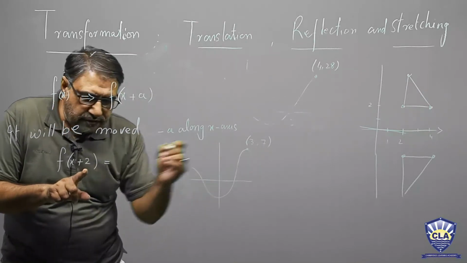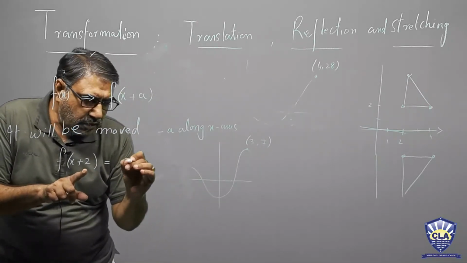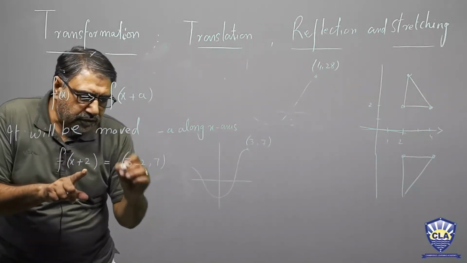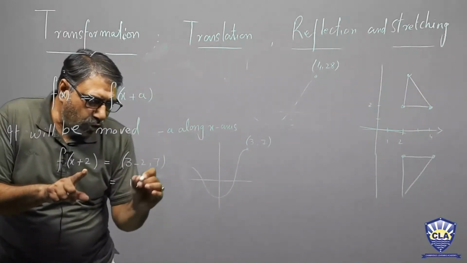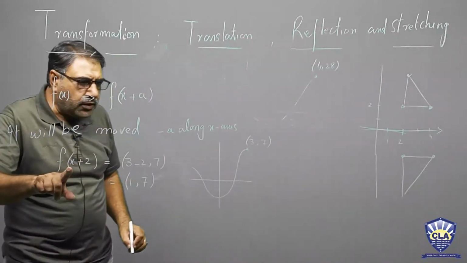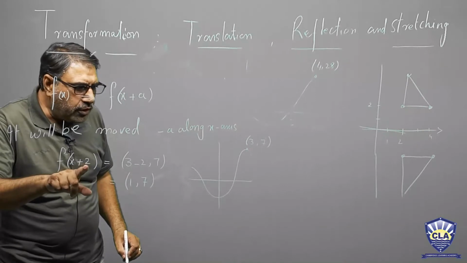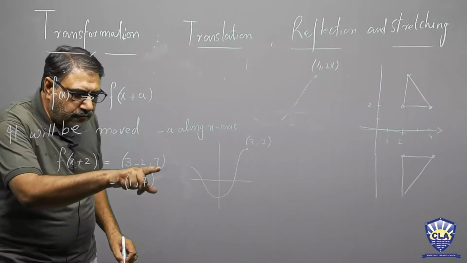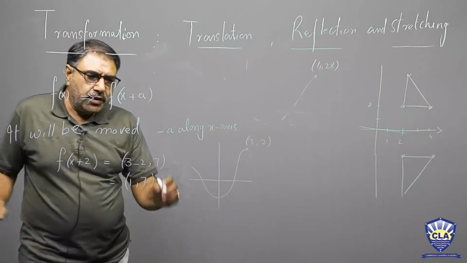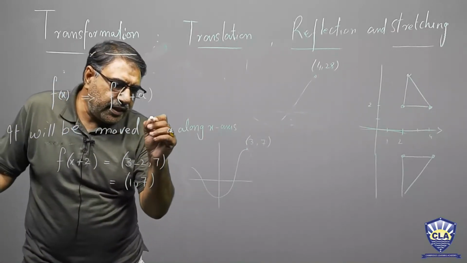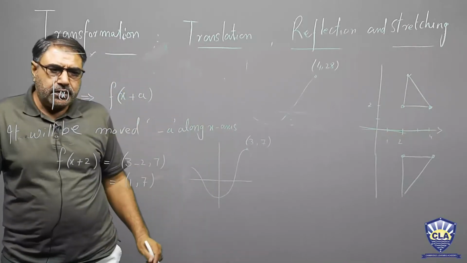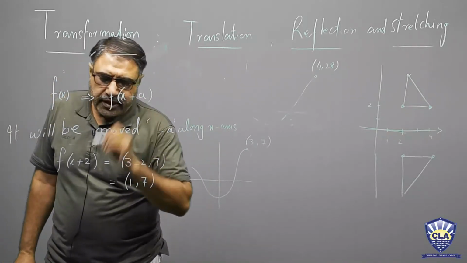This 3, 7, 3 minus 2, 7. This point becomes 1, 7. Only subtract from the x coordinate. Y coordinate will remain the same. Minus a along the x axis if a is added in x.